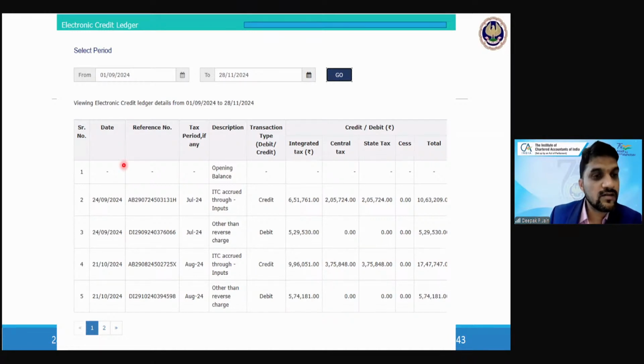What it says is, in section 16(4), it is mentioned that in the case of a debit note, the date of issuance of the debit note is to be considered and not the underlying invoice. Correct? What does that mean? It means that in our example also, I will explain with that.